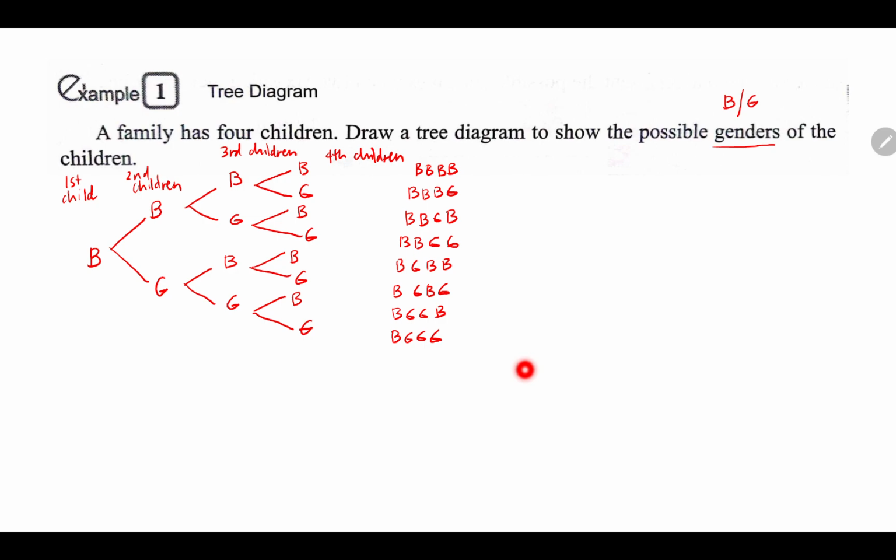So this is the list of possible genders of 4 children.